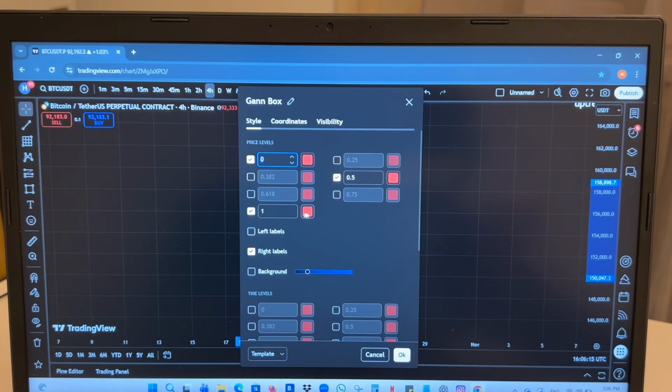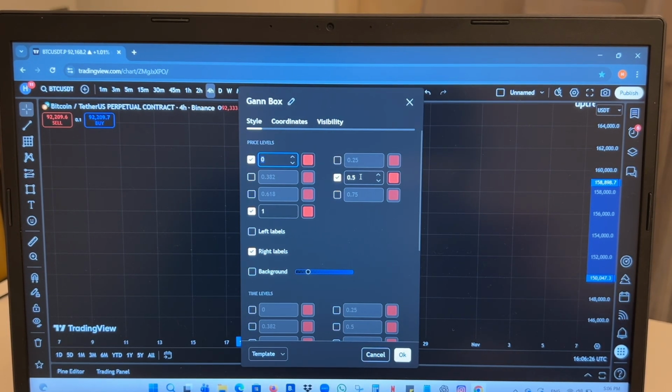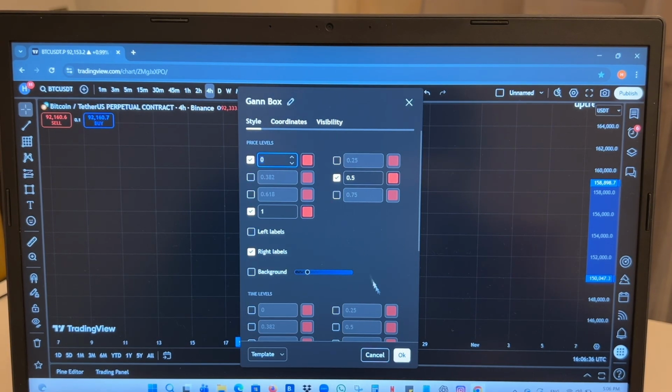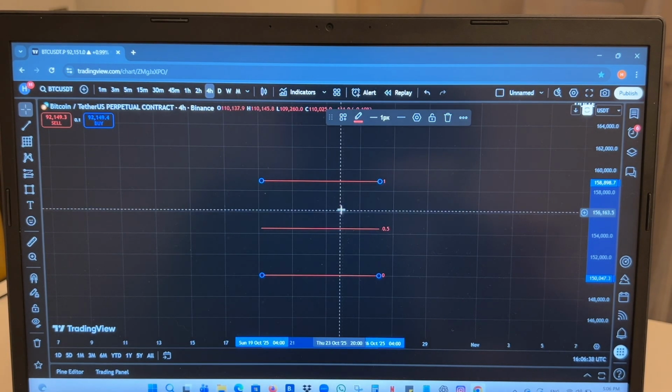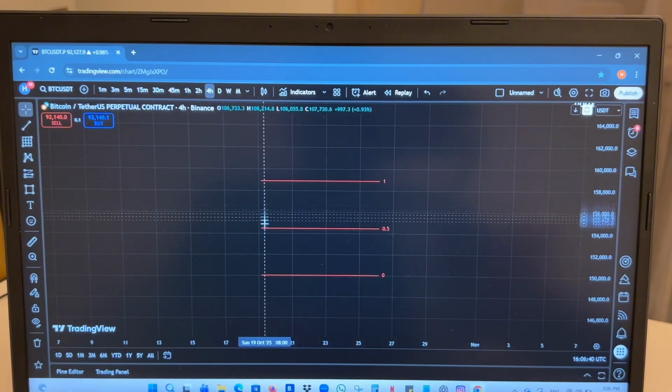If you're following SMC, this will be extremely helpful, because I'm gonna talk about premium zone, discount zone, and all that, like how to get in on a trade using SMC. So in a later video, just keep these settings saved, so then you can use this. There you go, this is the settings, and then this tool should look like this.